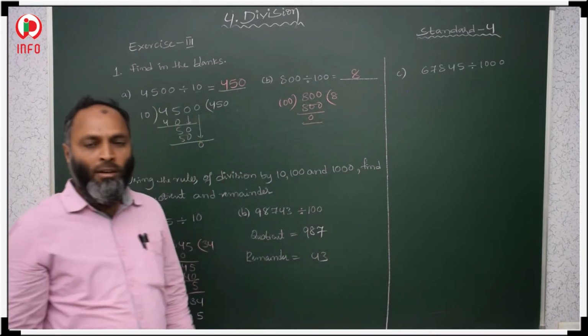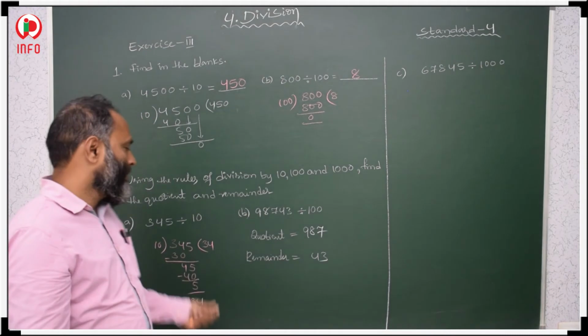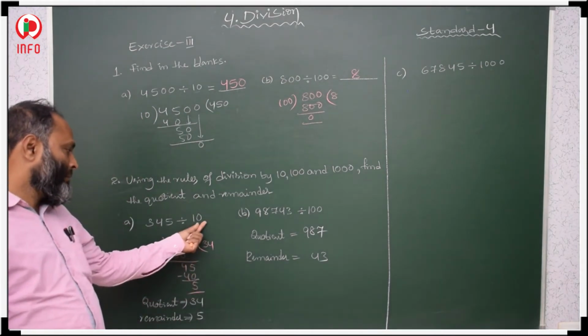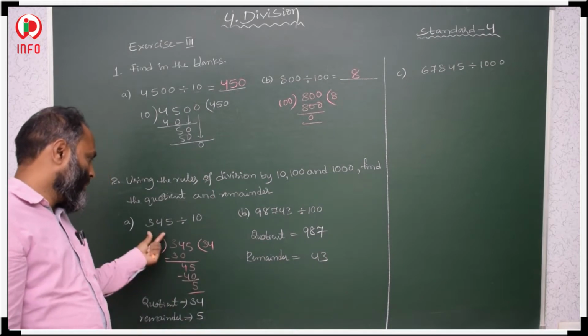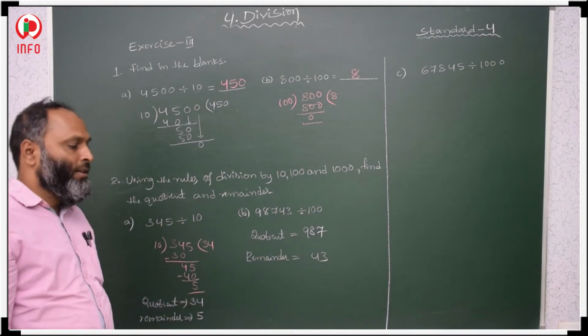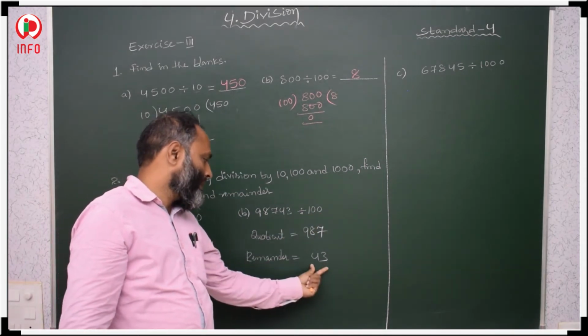That's it. No need to divide, all according to our division rule. If we divide by 10, then the last place, the one's place, is our remainder. The rest of the places are our quotient. When we divide by 100, the last two places are our remainder.